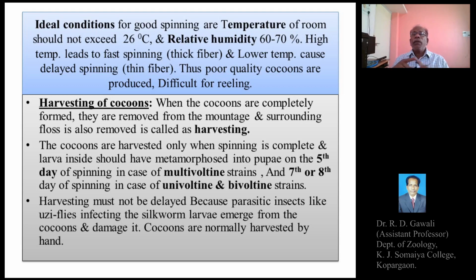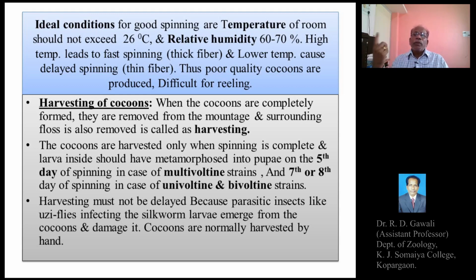As a result of fast spinning, more saliva is released through the spinneret, and this will form a thick silk thread. The thickness of the silk thread is increased due to the fast spinning, because the rate or speed of release of the silk substance through the spinneret becomes more due to the increased temperature, while the rate of rotation is the same.